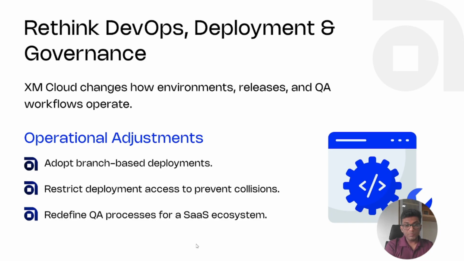So it's not server-based, but branch-based, and that's where workflow and everything comes into the picture. So your developers need to be really good at this, where they work together with a branch-based workflow, and they are able to apply this governance.